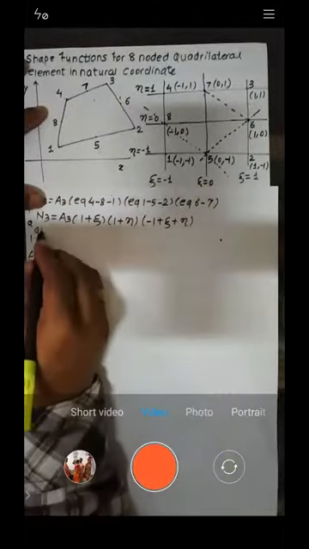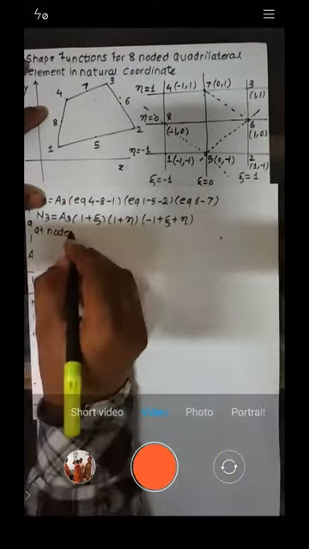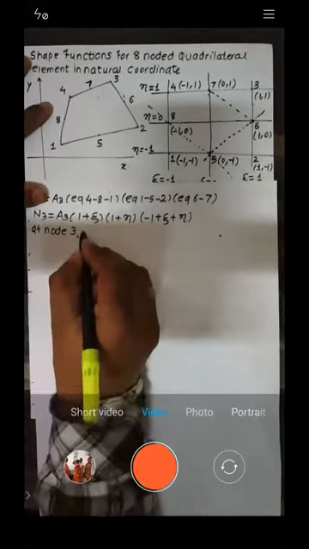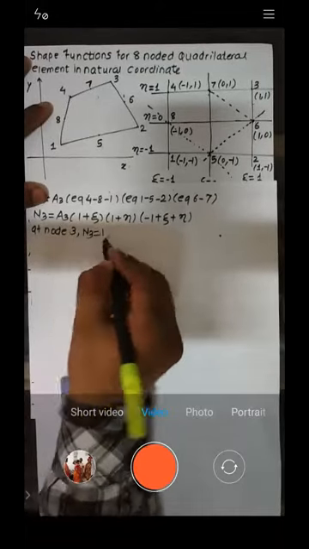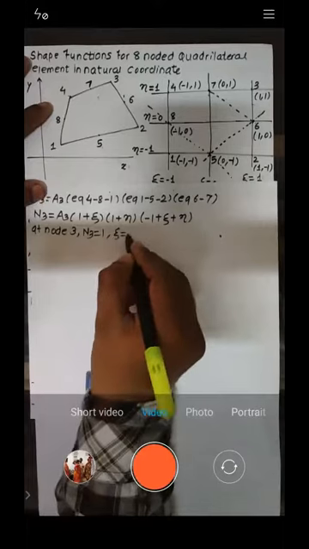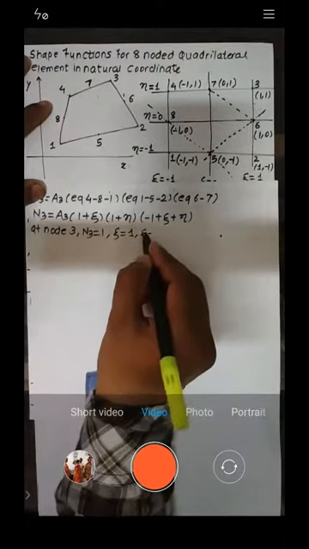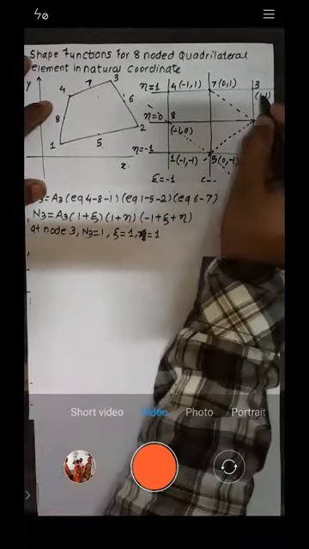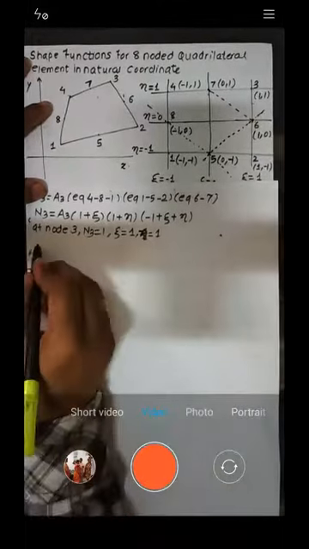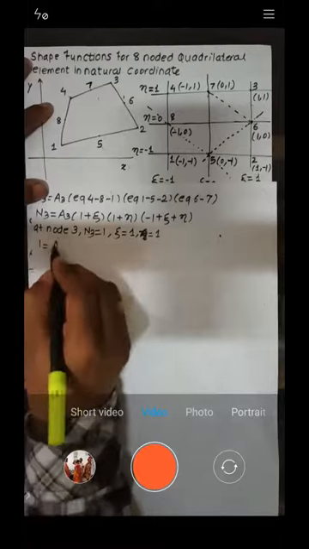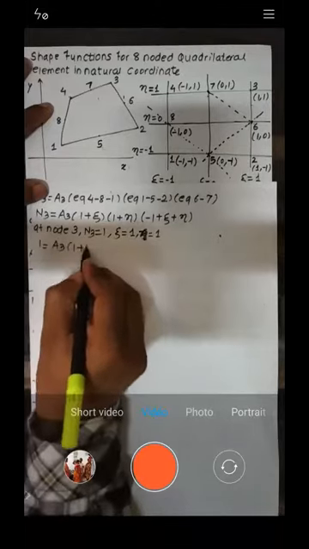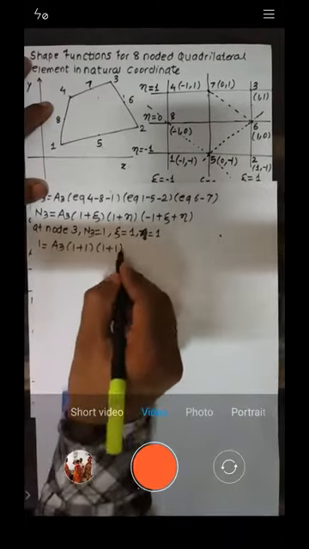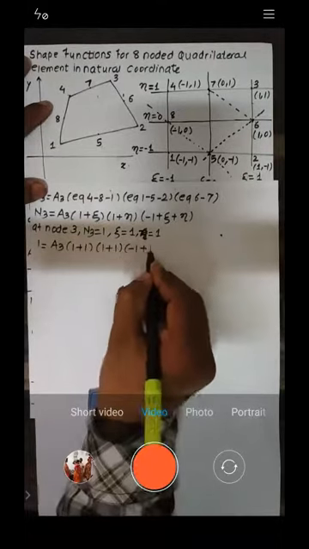Now at node number 3, N3 is equal to 1. Similarly, zeta is equal to 1 and neta is equal to 1. Try to understand, at node number 3, zeta is 1, neta is 1. So let's put that: 1 is equal to A3 into 1 plus 1, 1 plus 1, then minus 1 plus 1, again plus 1.